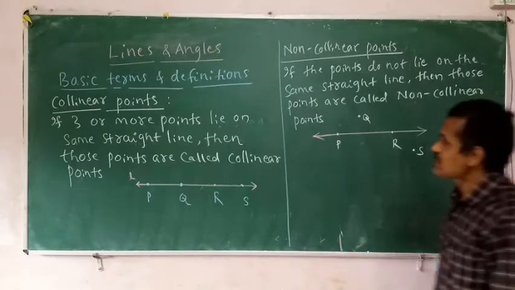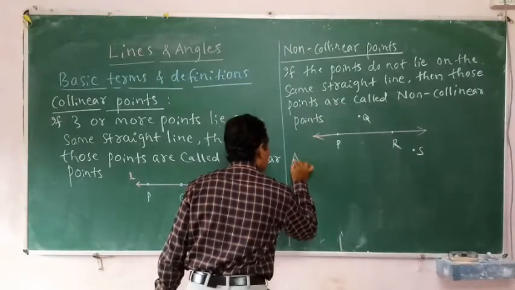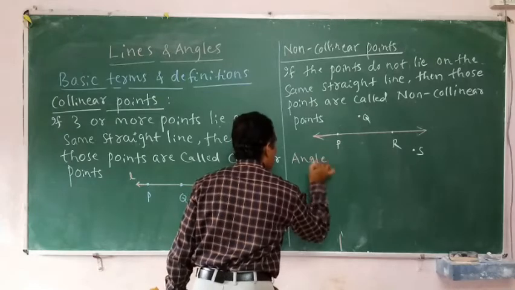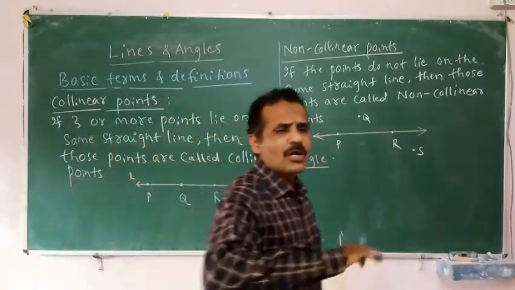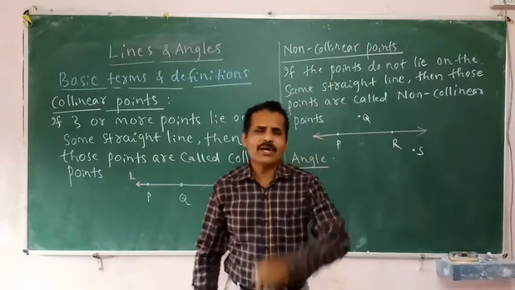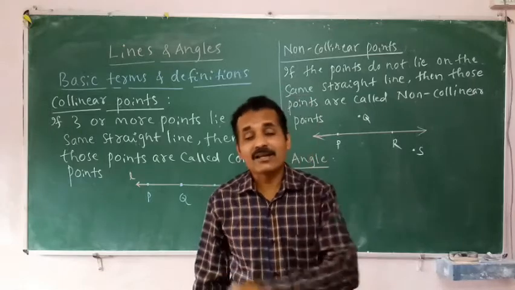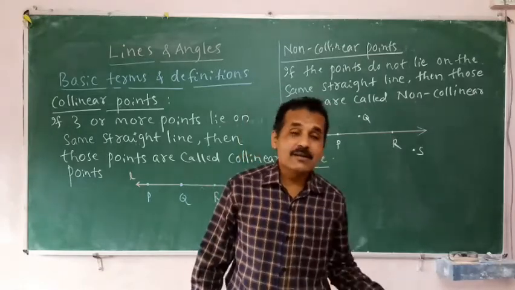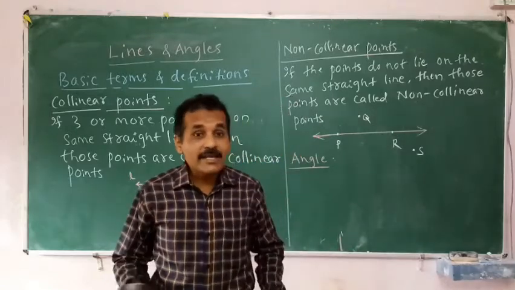The next basic term is an angle. What is an angle? My dear children, you know plenty of angles: the acute angle, right angle, obtuse angle, straight angle, and reflex angle. But how do we define an angle?